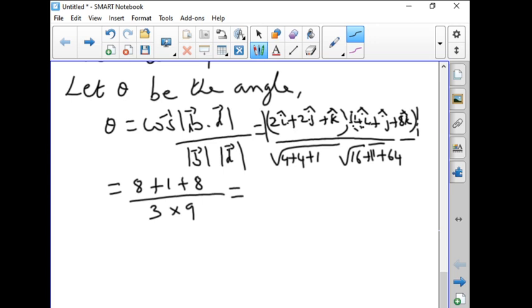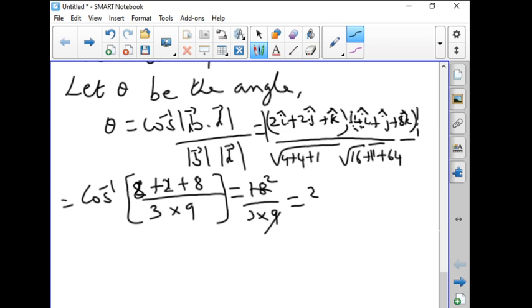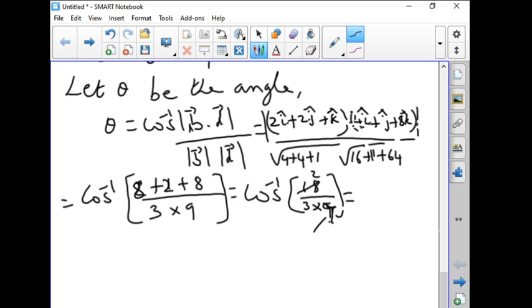So it is 8 plus 2 plus 8, 18 by 3 into 9, cos inverse of that. So cos inverse of 18 by 3 into 9, 9 goes here 2 times. So we get cos inverse of 2 by 3.